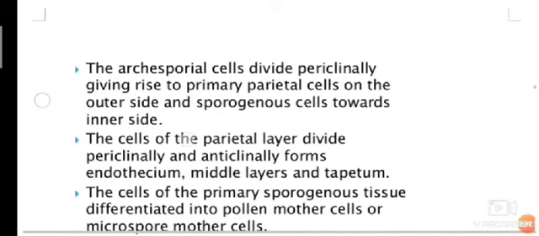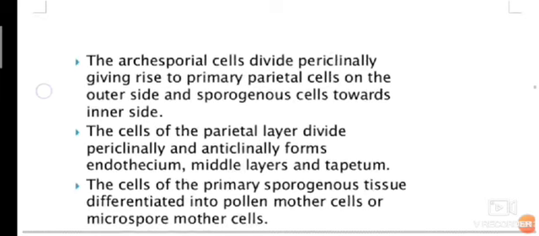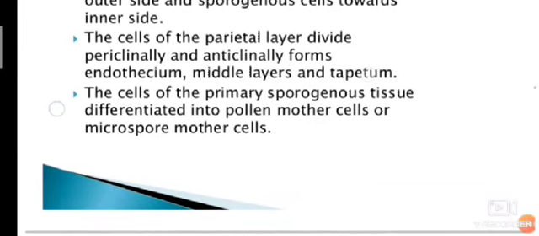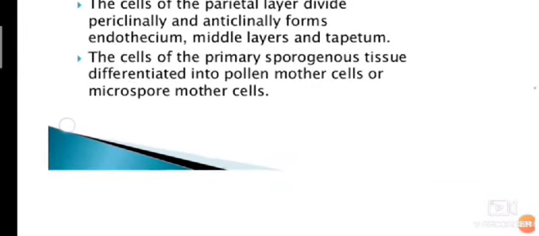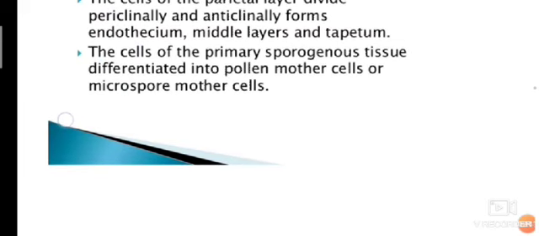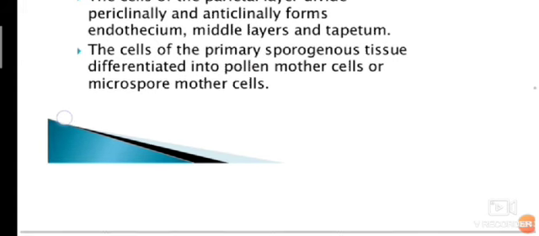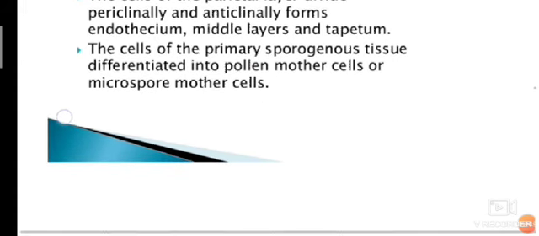The cells of the parietal layer divide periclinally and anticlinally to form endothecium, middle layers, and tapetum. The cells of the primary sporogenous tissue differentiate into pollen mother cells or microspore mother cells.